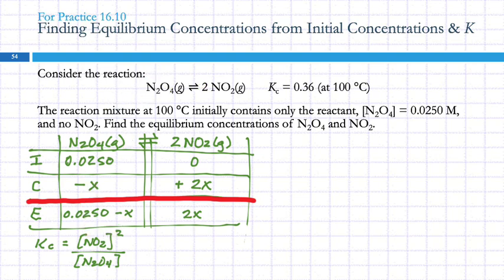Reactant is on the bottom, coefficient is 1, and so it's just 1. And now I plug in the Kc is 0.36. NO2 is 2x, so that has to be squared. And that is divided by 0.0250 minus x.